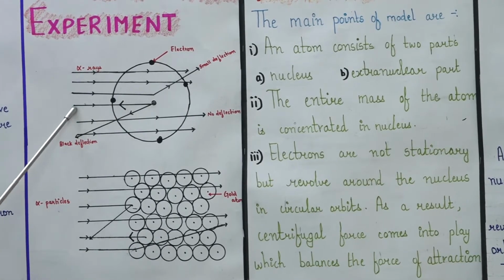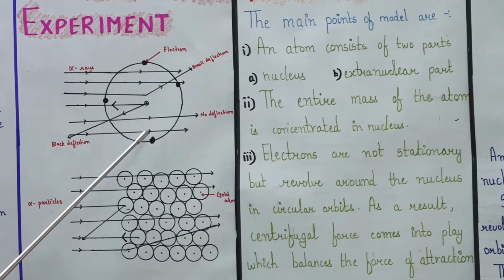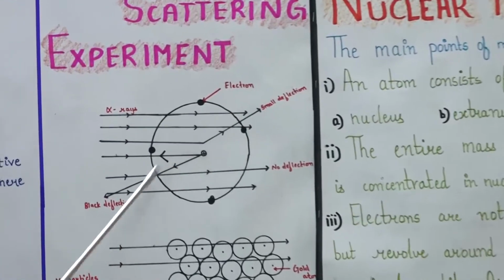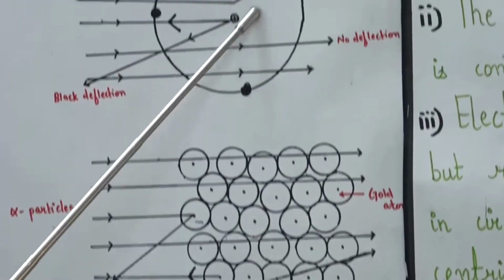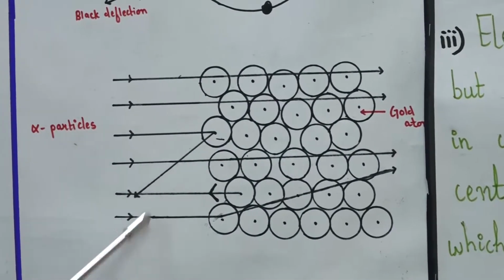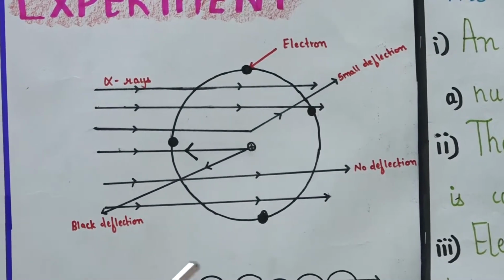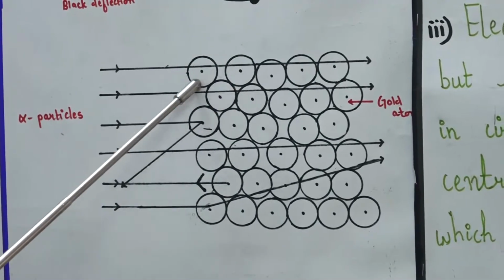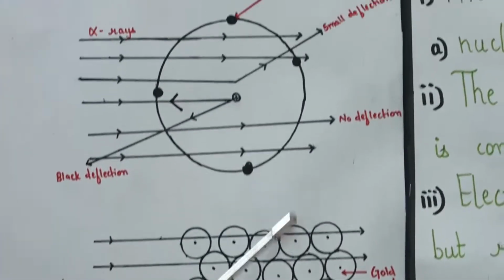He tried to explain his observations. Since most of the alpha particles passed through the foil without undergoing any deflection, there must be sufficient empty space within the atom. Since some alpha particles were deflected through small angle or a few through large angle, and alpha particles are positively charged particles, these could be deflected only by some positively charged body present within the atom.